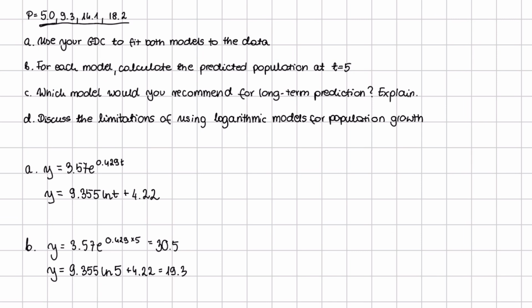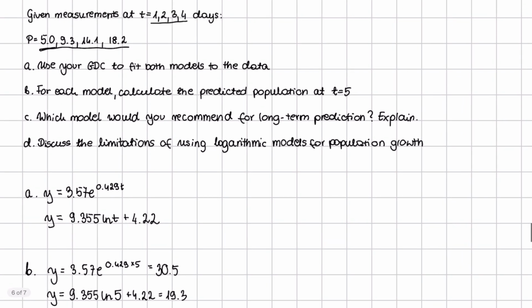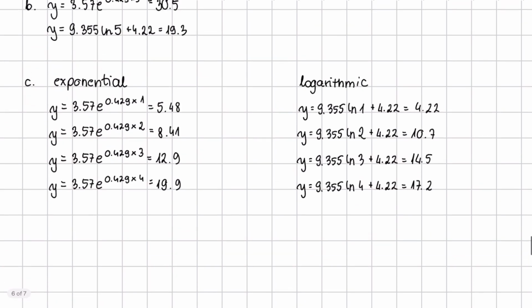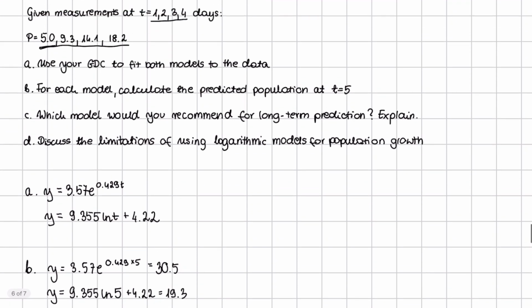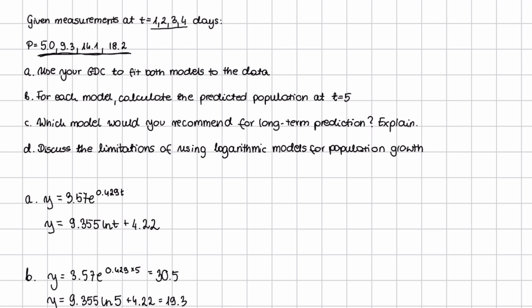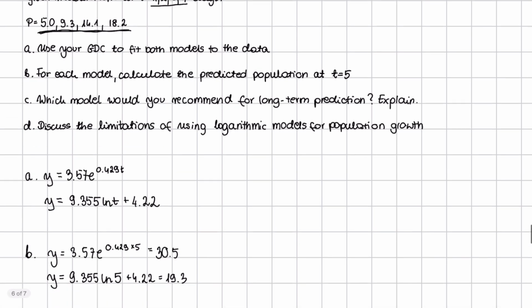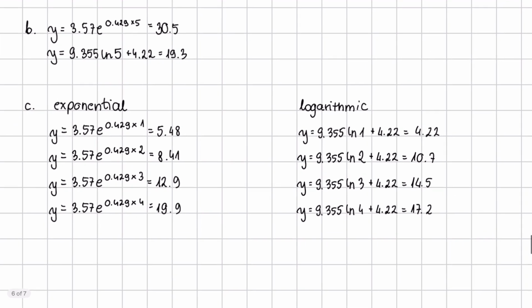So firstly, let's substitute all values of t to both functions. So these are our answers after substituting t equals 1, 2, 3, 4 to both models. Now we have to find the difference between actual value, so between our P, 5, 9.3, 14.1 and 18.2, and the values that we found after substituting t, and of course we are applying this to both models.